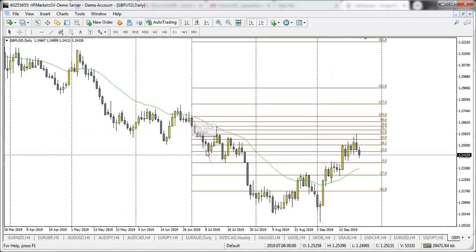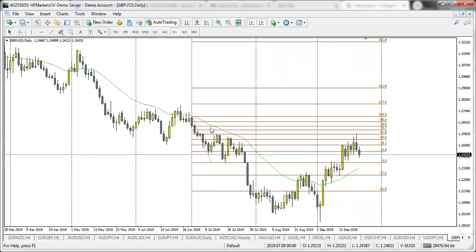This is a downtrend. The market came all the way down and touched 61.8. What did you see next? It came down to zero. Now, when you take a 61.8 sell or buy, the most conservative take profit is 38.2.